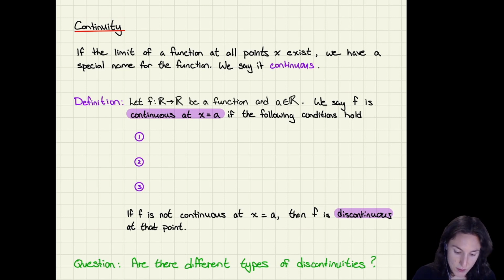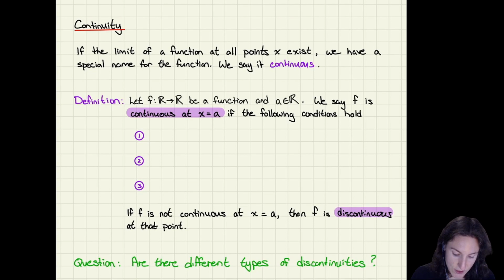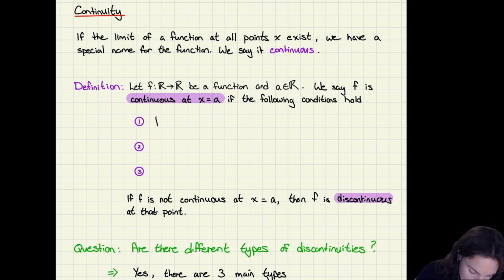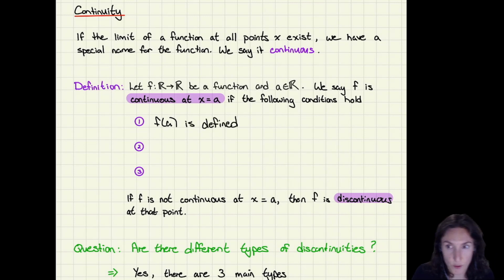And we have very specific criteria. If we have a real valued function f, and a is some value, we say that f is continuous at x equals a if we have the three following conditions. The first condition is that f of a is defined. So we don't have an open hole, in other words.